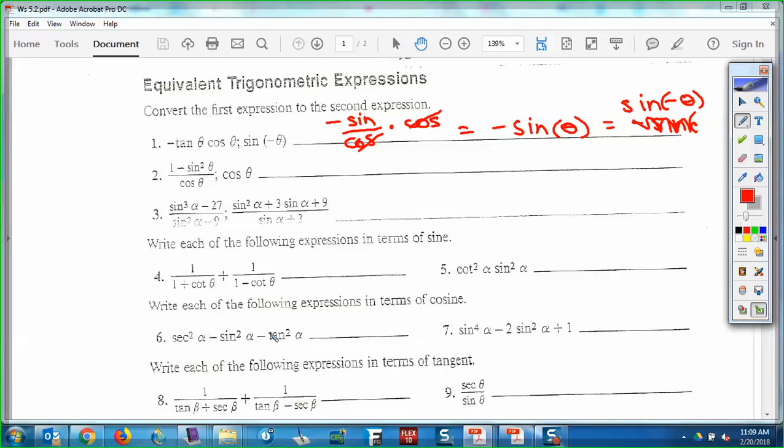The Pythagorean identities, and we're going to do an activity with those today, the ones that say tangent squared plus 1 is secant squared, and cotangent squared plus 1 is cosecant squared, those have to be squared. They can't be cubed, they can't be any other power, they have to be squared. Okay? That's the only way you can use those. 1 minus cosine squared is sine squared.